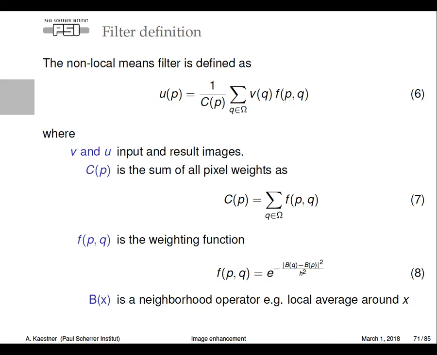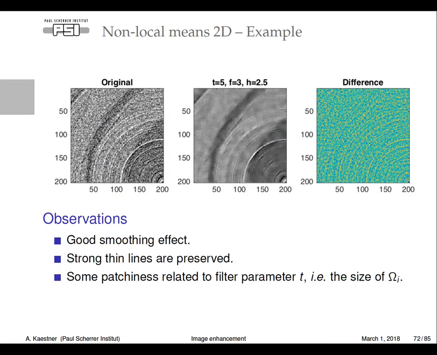And that makes it very time-consuming. Now there are schemes that look more locally, and then you can speed it up a lot. So this weighting factor here is actually the sum of all pixels, and that's the time-consuming part. And then you also have to compute the weights on local neighborhoods. But the filter effect is very attractive.